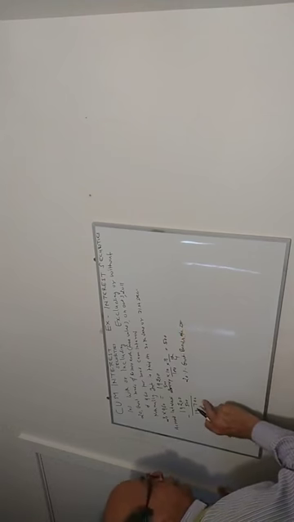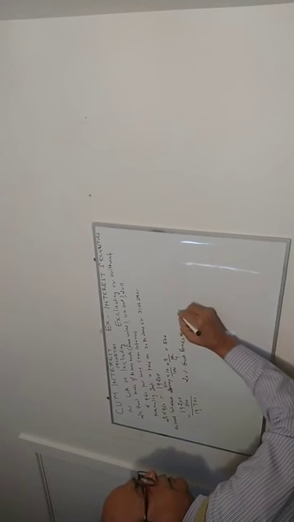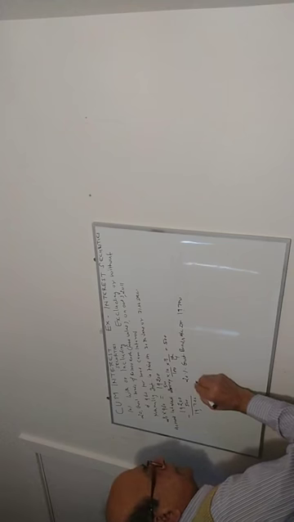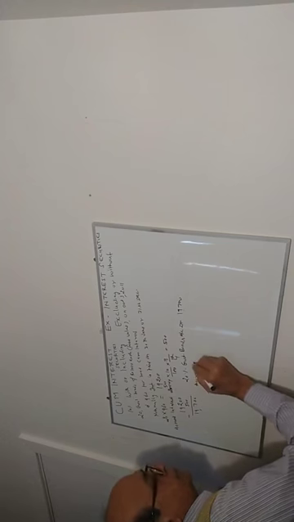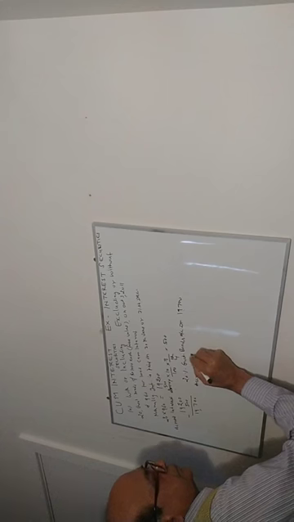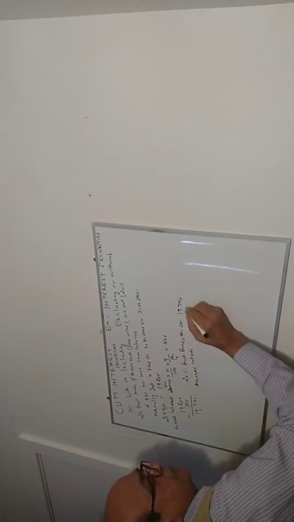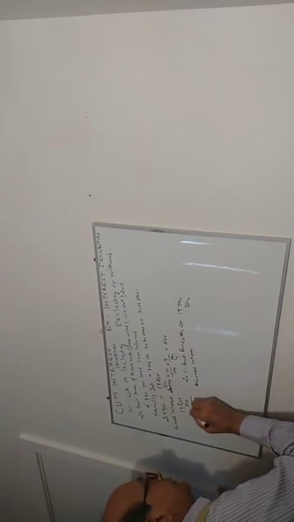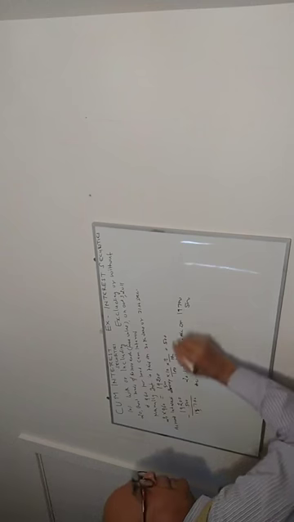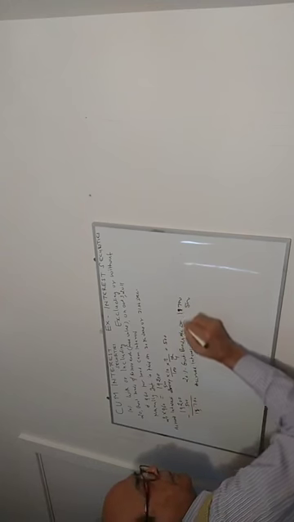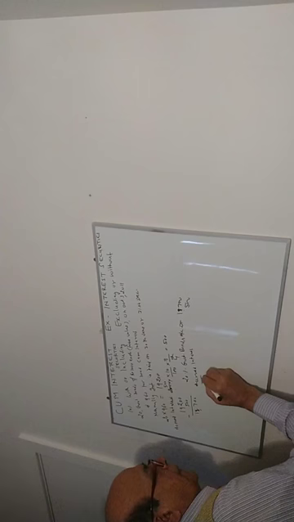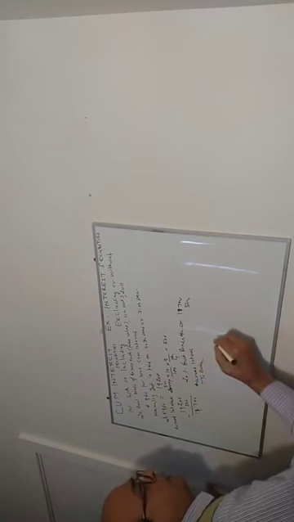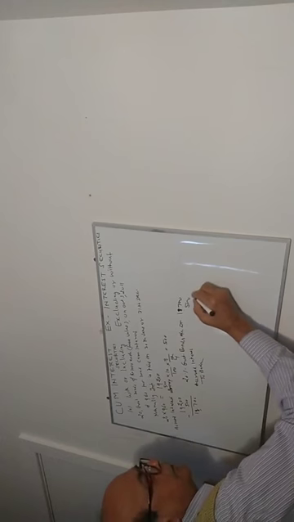How much have we paid for government bonds? 19,700 minus accrued interest 500, so 19,200. To bank, 19,200.